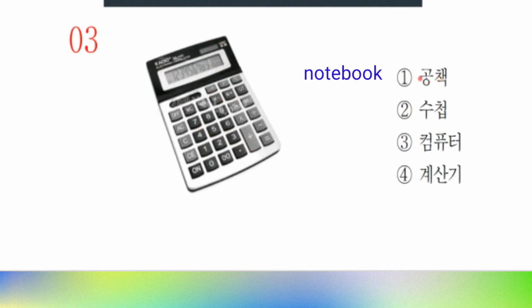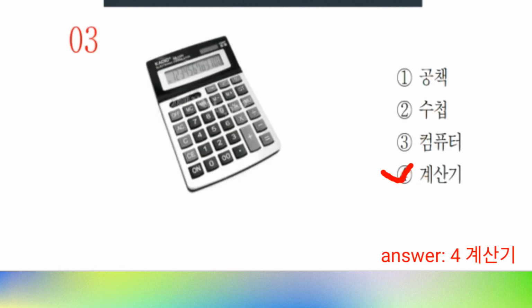Diba kanina? 공책 means notebook. 수첩 means reminder book or pocket book. Number 3 is computer. Number 4 is 계산기, calculator. So the answer is number 4.